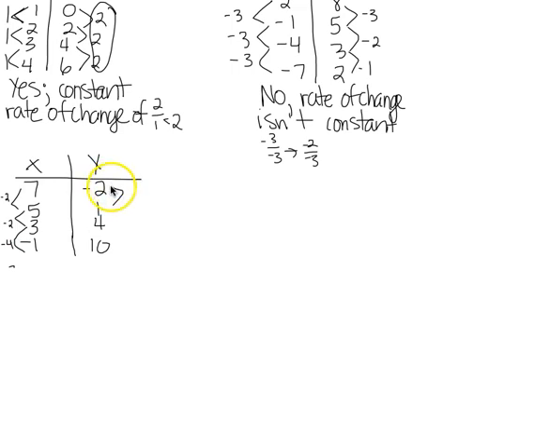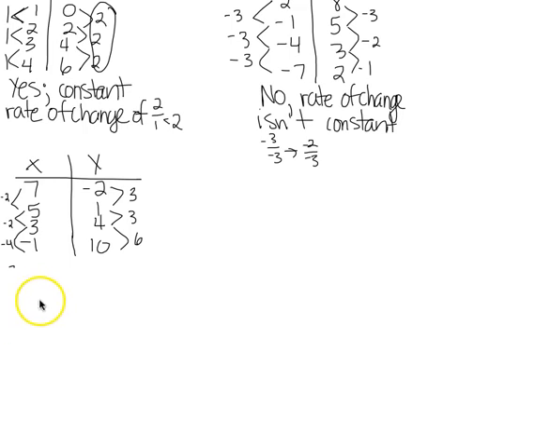This then went up by 3, up by 3, up by 6. So when I look at these, my rate of change for the first pair is 3 over -2. So is the second pair. Now, the third one is different.